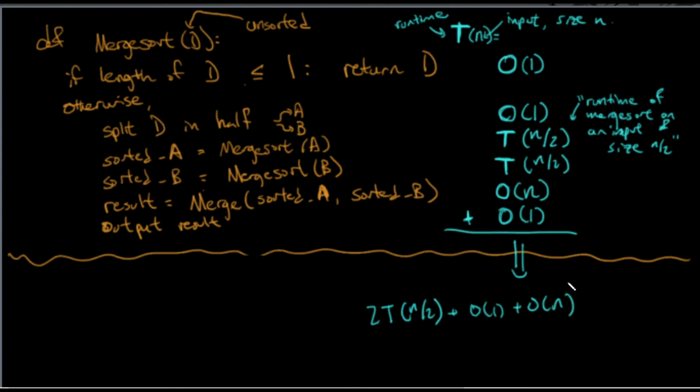And then I'm just going to write this down here. That is equal to, well, when you add a constant to an O of n, the O of n overtakes it. It grows asymptotically faster than the constant.